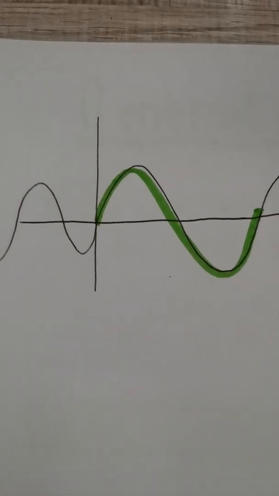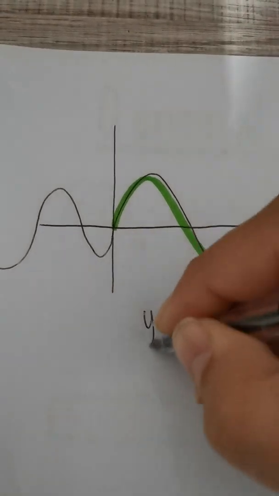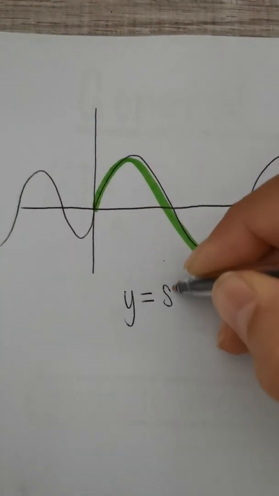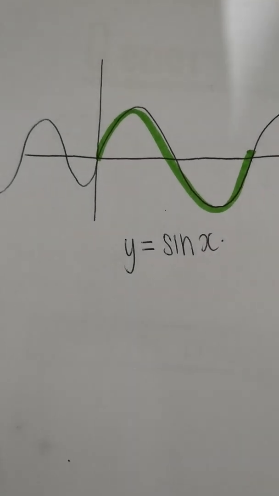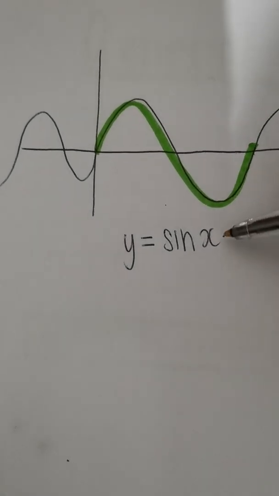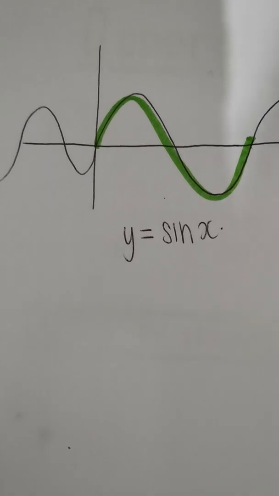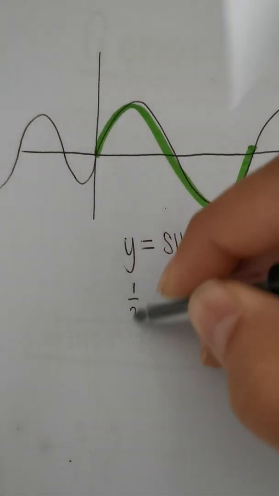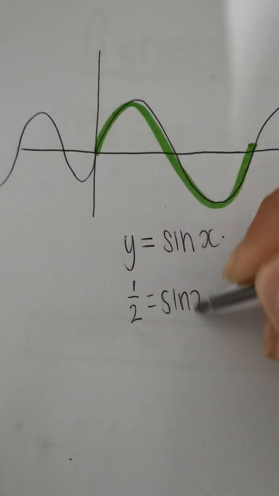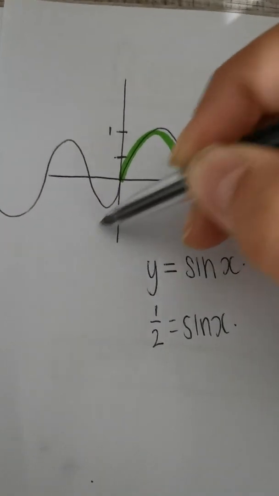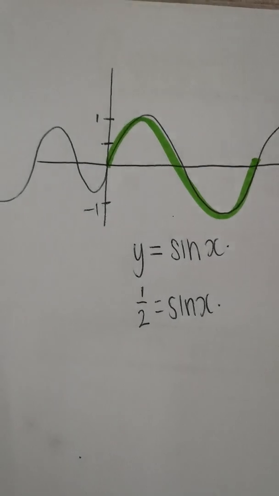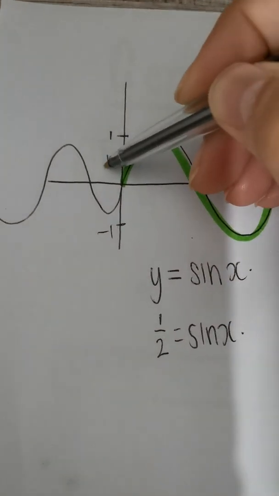So this is our equation so far, y is equal to sine x, that's what our graph looks like, right? So if I had to ask you, where is y going to be half, for example, so I'm asking where this is happening. Let's say this here we know is 1, this here at the bottom we know is -1. I know my graph looks horrible, but stay with me. This here is half.